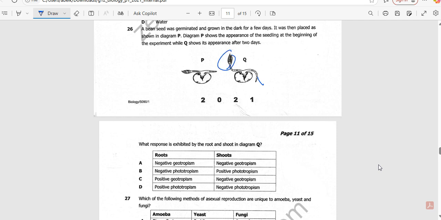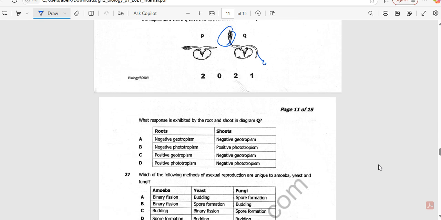Positive phototropism, then we also have negative phototropism, but it is positive geotropism. So when we talk about this part, the shoot has positive phototropism, going to the light, and the root has positive geotropism, going toward the earth.